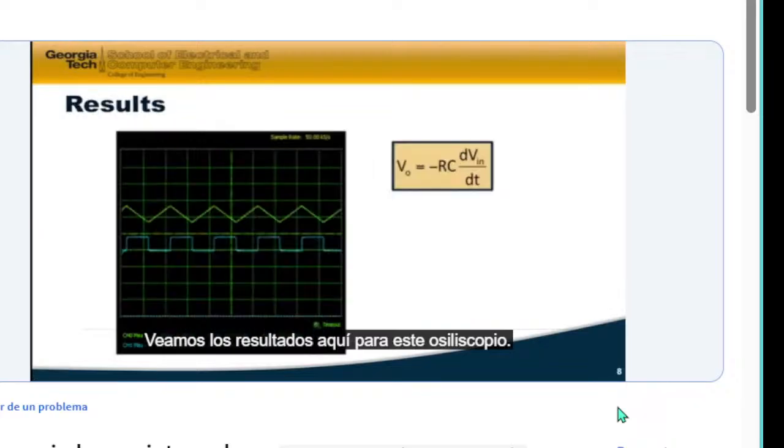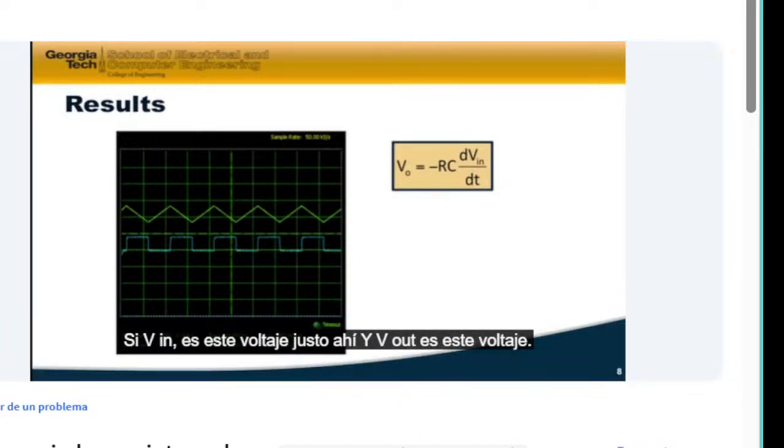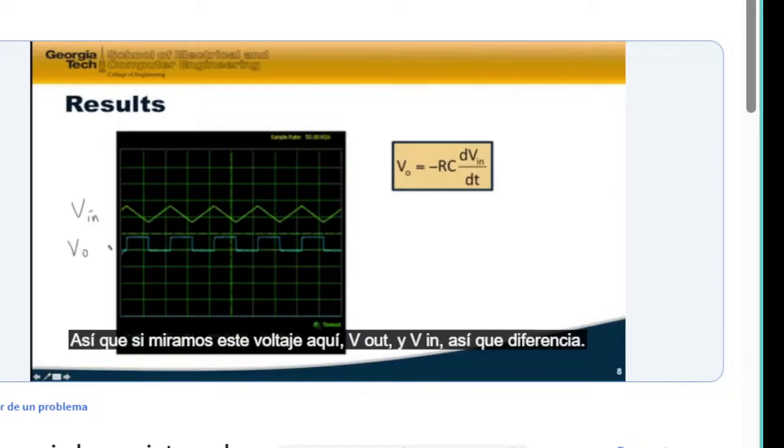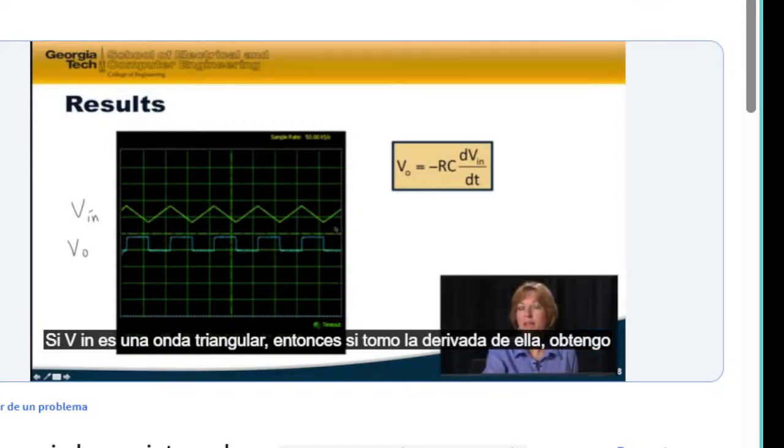Let's look at the results here on the oscilloscope. Vn is this voltage right there, and V out is this voltage. So it does differentiate. If Vn is a triangular wave, then if I take the derivative of it, I get a constant.